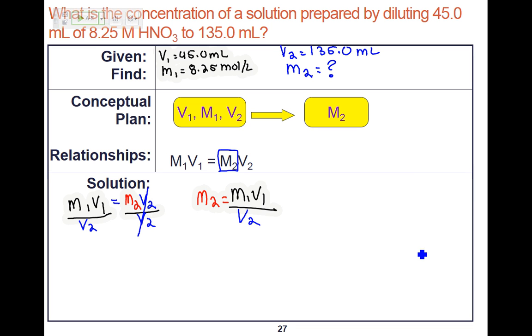Again, if you need help rearranging equations, please come see me. I don't really have any time in this class to teach the basic algebra skills. So now I can just plug that in, but again, the key is assigning these values correctly. So it wouldn't be correct to say V1 is 135 and M1 is 8.25 because once I dilute it to 135 milliliters, I no longer have that same concentration.